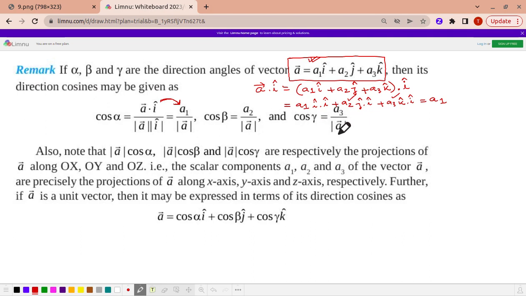Or the other way I can say, cos alpha equal to the i cap component of the vector A, that is A1, divided by mod of this vector.